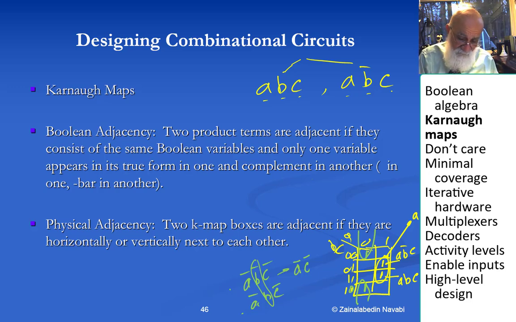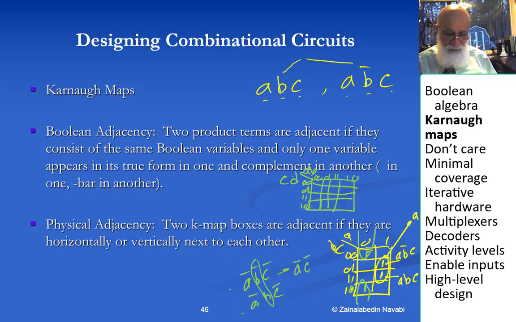Okay, if you look at the 4 variable map, this is how you draw your variables. Okay, and again, on the columns you put 0, 0, 0, 1, 1, 1, 1, 0. On the rows you put 0, 0, 0, 1, 1, 1, 1, 0.